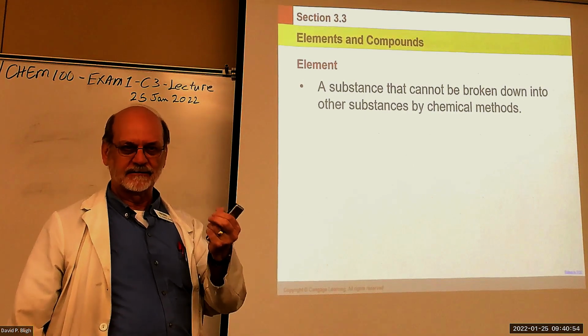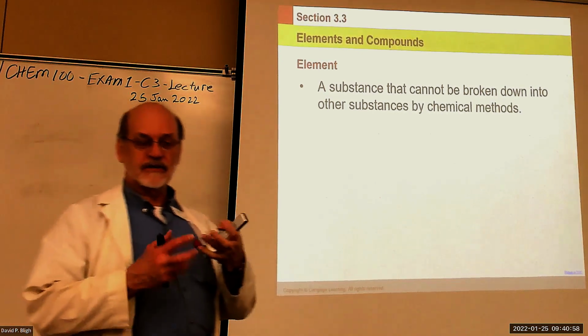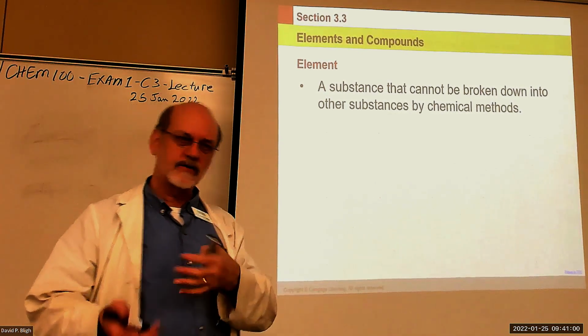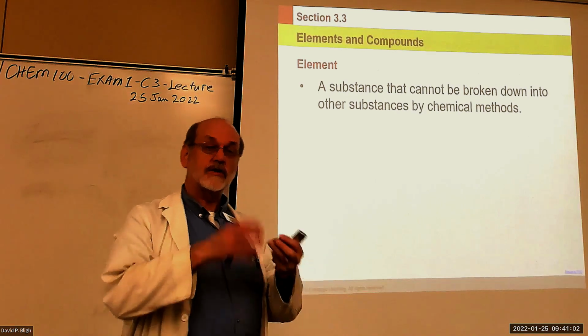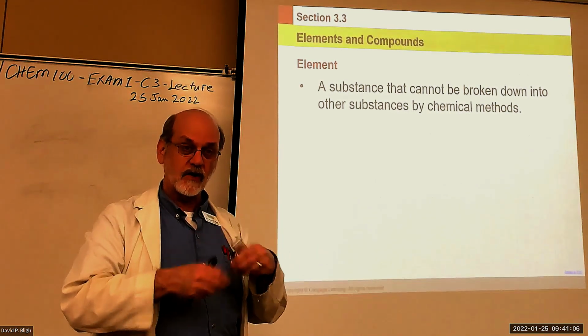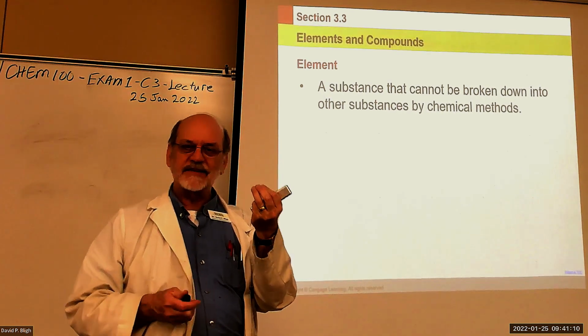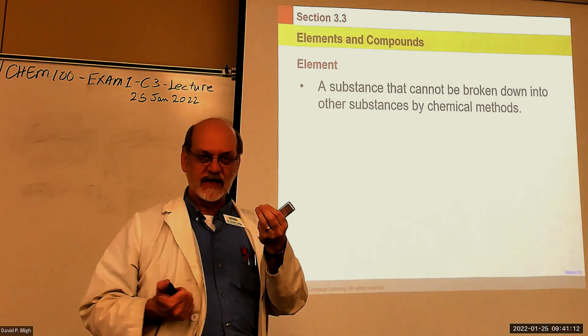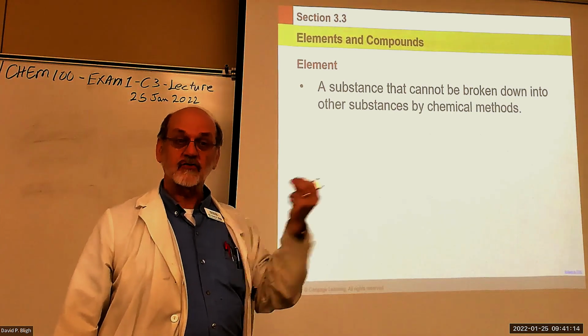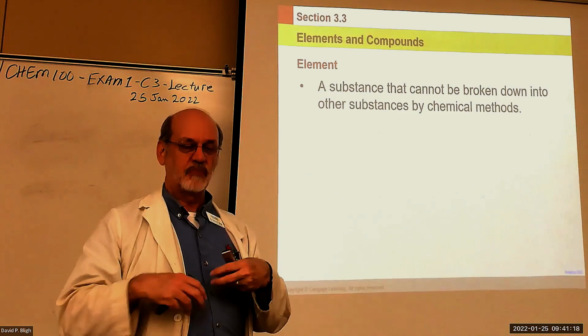That's the atom. If you have a combination of substances like water, hydrogen and oxygen together, you can subdivide it down to smaller pieces of water, but you can't get to the element without chemical means, like electrolysis that I showed you before. You got to break that hydrogen and oxygen apart, break a bond.